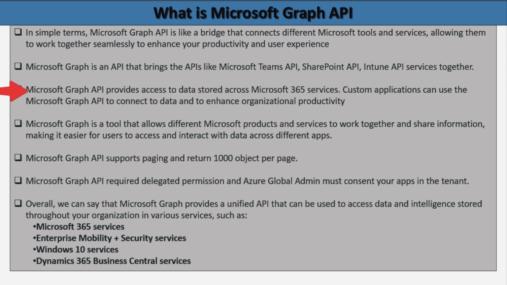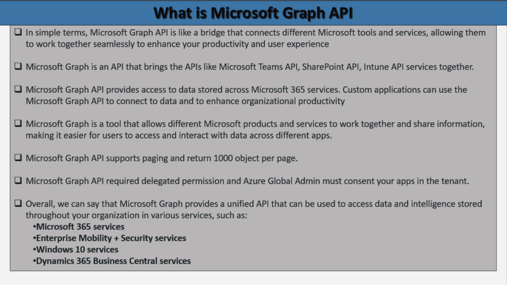Microsoft Graph API provides access to the data stored across Microsoft 365 services. Customers can use the Microsoft Graph API to connect the data and to enhance the organizational productivity. Microsoft Graph is a tool that allows different Microsoft products and services to work together and share information, making it easier for users to access and interact with data across different apps.